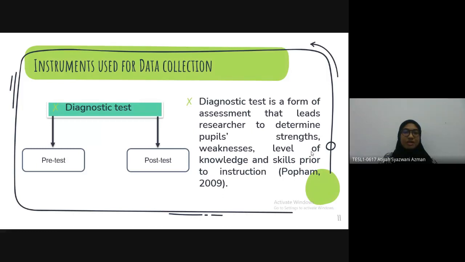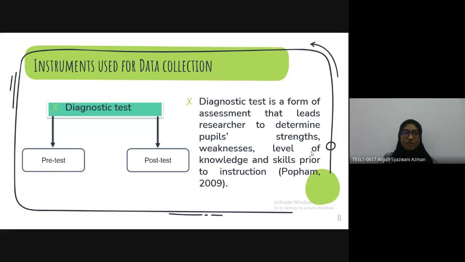So the next one is instruments used for data collection. Here is the instrument that the researcher used, which is the diagnostic test. The diagnostic test consists of a pre-test and post-test. A diagnostic test is a form of assessment that leads the researcher to determine pupils' strengths, weaknesses, level of knowledge, and skill prior to instruction, Popham, 2009.